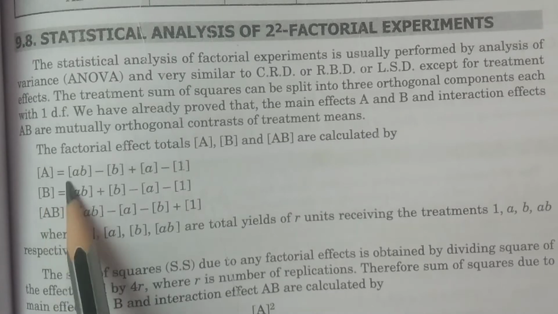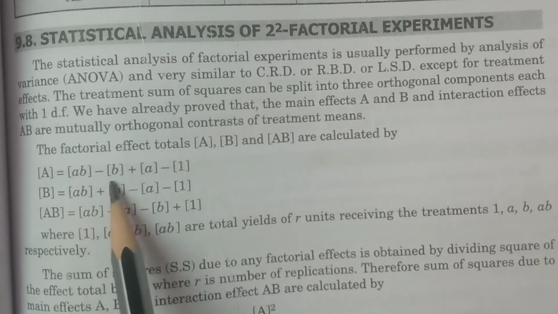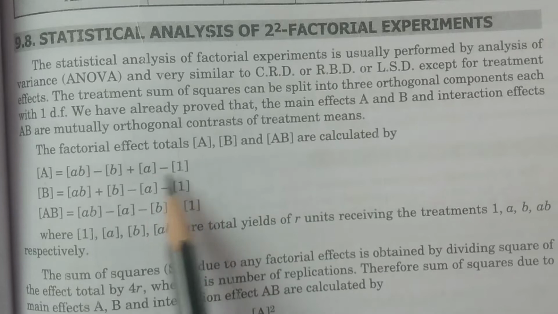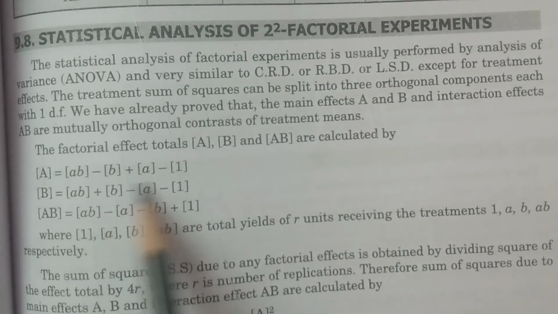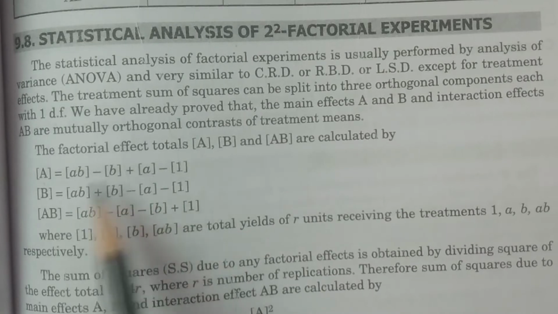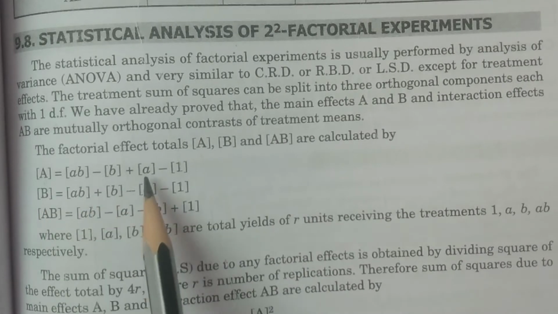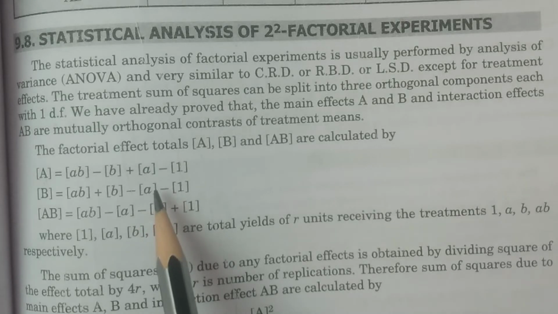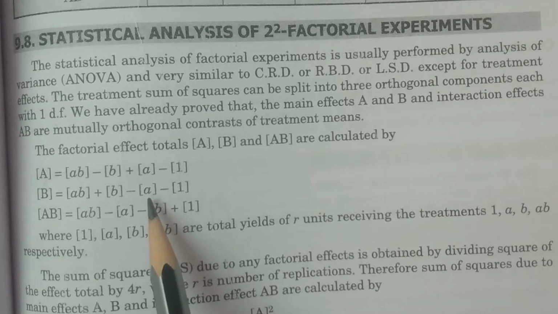Square bracket A is equal to square bracket AB minus B plus A minus 1. It depends on the signs. What is the sign of A and AB? In A, it is plus. You have to remember the signs of the respective treatments 1, A, B, AB.